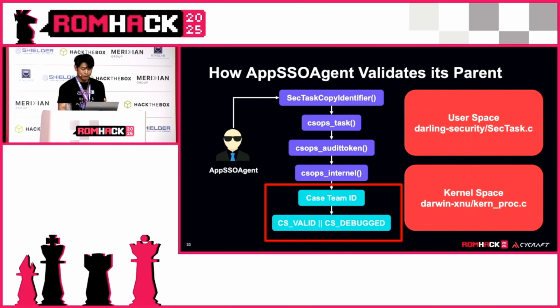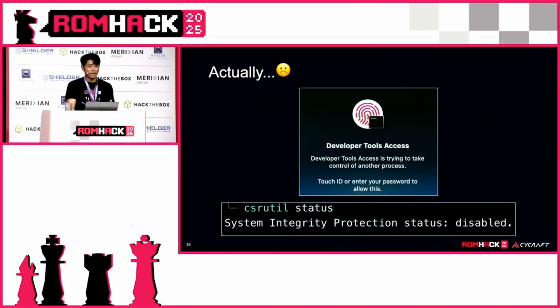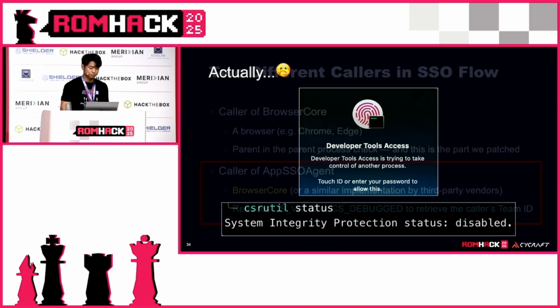Some of you might be thinking, does that mean LLDB can also be a way to grab the PRT cookie? And exactly, we thought about that too. But here's the catch. We need to disable System Integrity Protection and then approve the developer tool access prompt with our Touch ID or password. So the LLDB method requires extra privilege escalation.